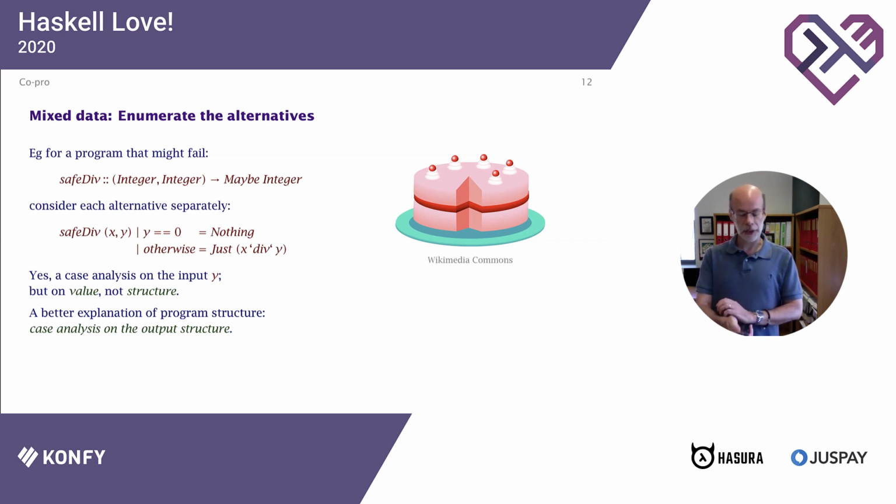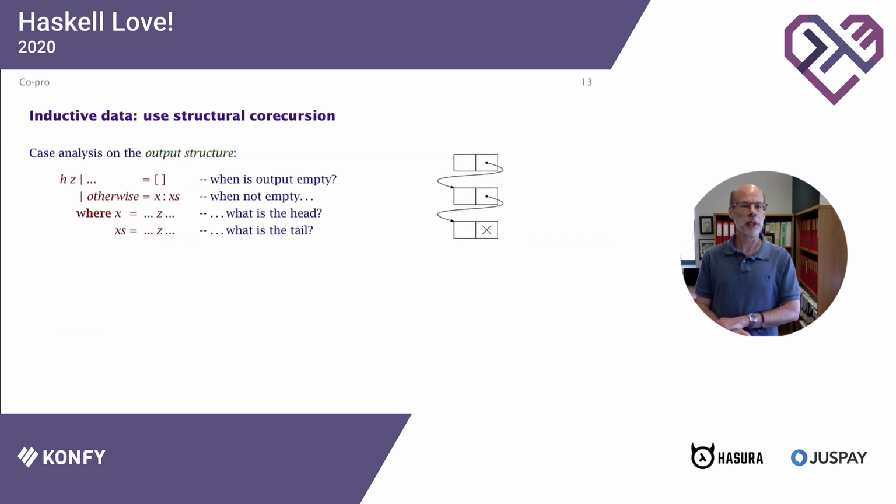So that's mixed data, and here's inductive output data. So here's a list again on the right-hand side, and a program H that produces a list. A list, as before, has two variants: it's either empty or it's not, so there's going to be a clause for when the output is empty and a clause for when the output is not.